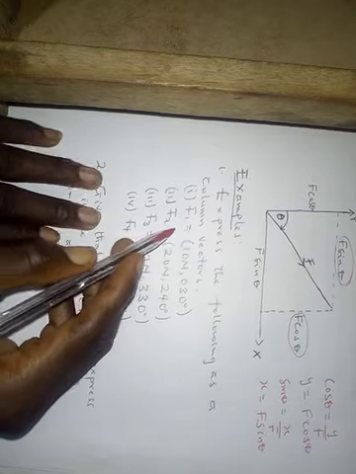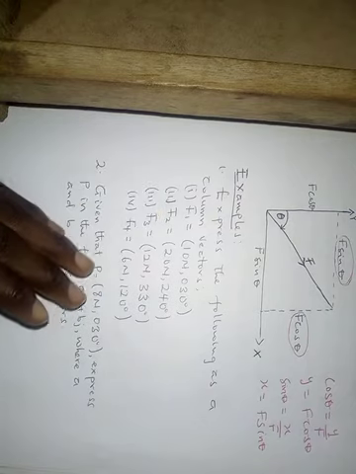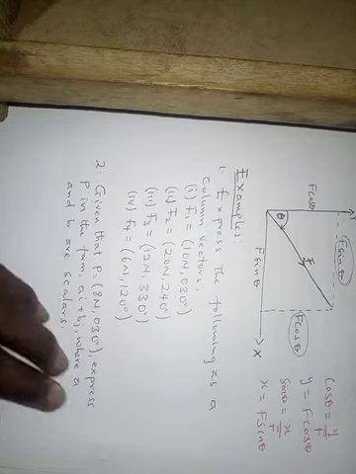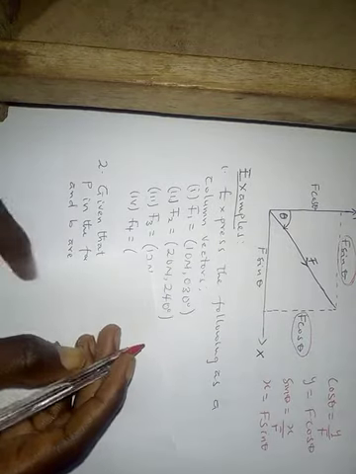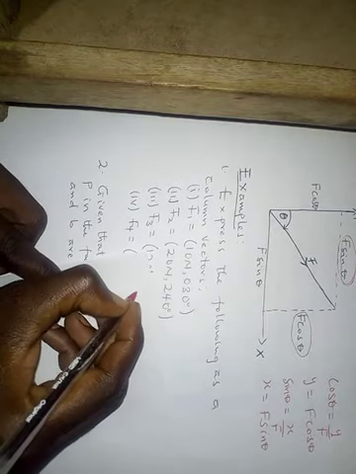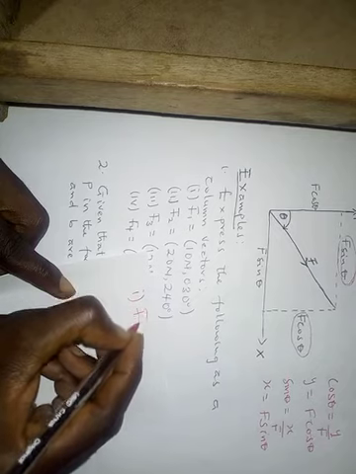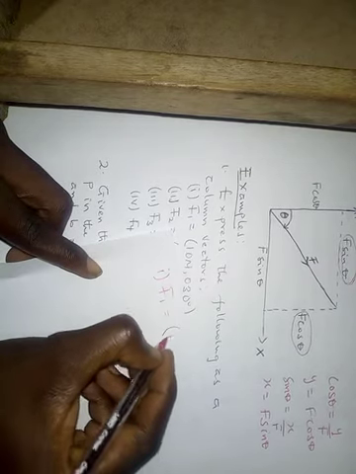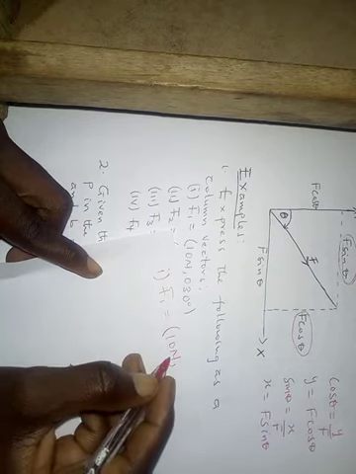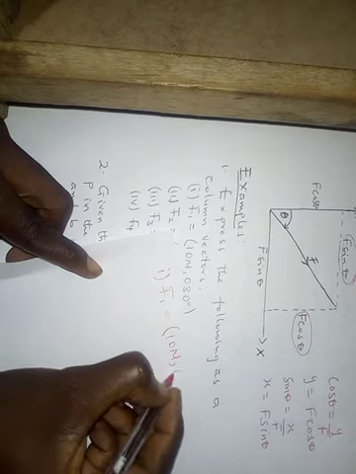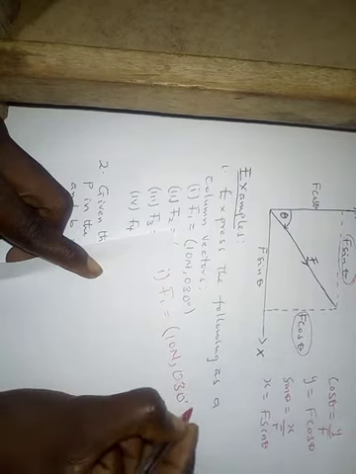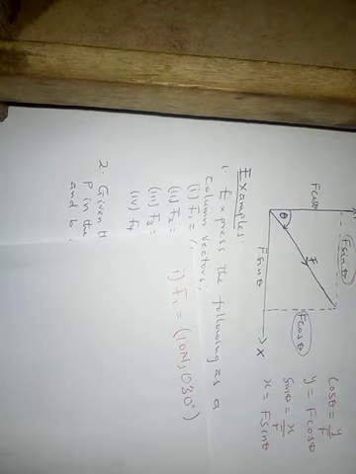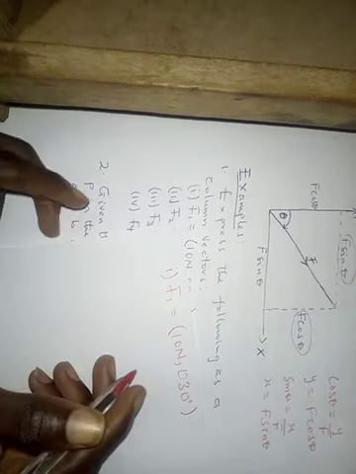So f1 is equal to 10 Newton and then 30 degrees. Alright, so we have f1, which is 10 Newton, that's the magnitude of the force, and then its angle 30 degrees.